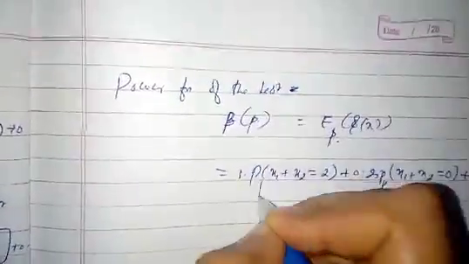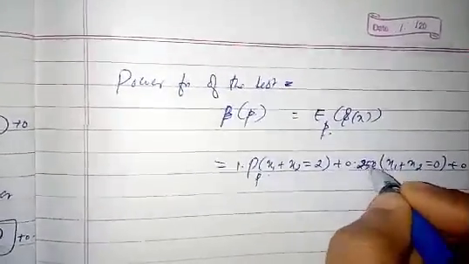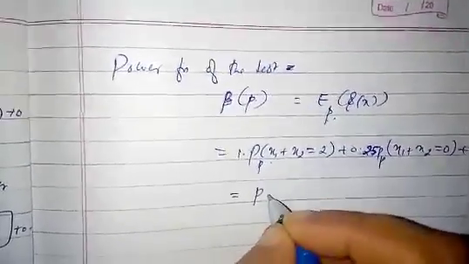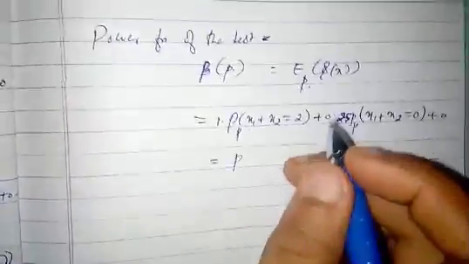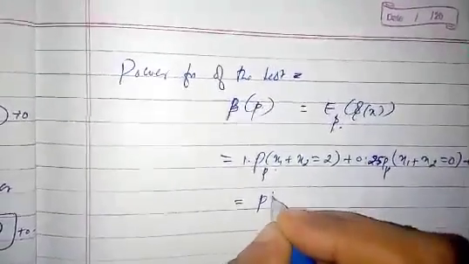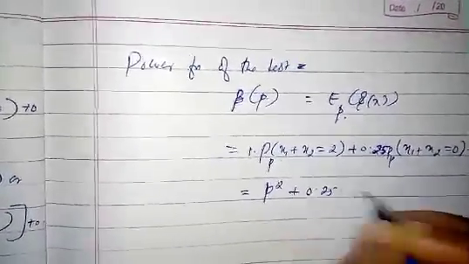In your next simplification, we can write this as p square plus 0.25 into (p times 1 minus p plus p times 1 minus p).